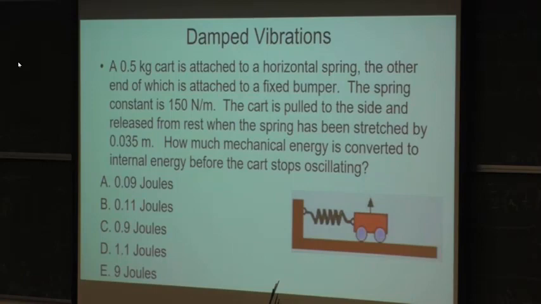So it's simple harmonic motion. The spring constant is 150 newtons per meter. The cart is pulled to the side and released from rest when the spring has been stretched by 0.035 meters. How much mechanical energy is converted into internal thermal energy before the cart stops oscillating?